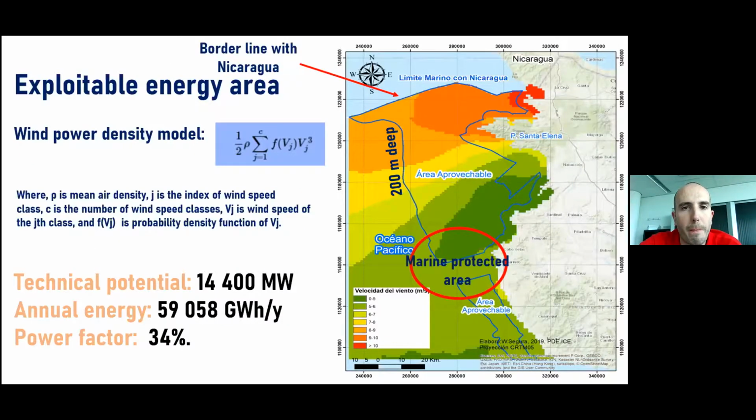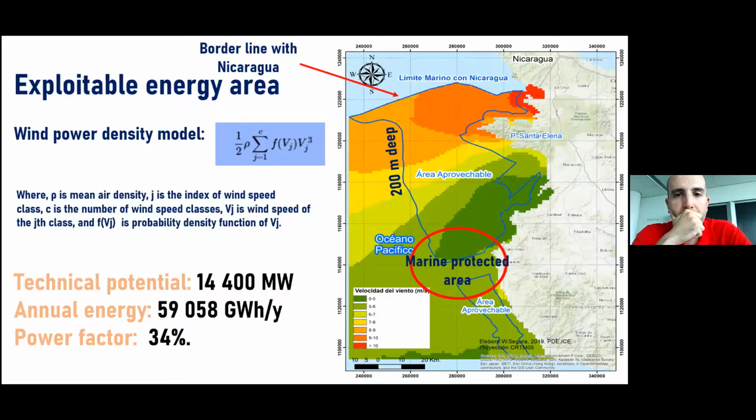And you are the expert. I understand that, colleagues. I am a project manager, but you know how the exploitable energy area is calculated. And this is the formula that you, as the audience here, usually use to calculate the density of the wind power.